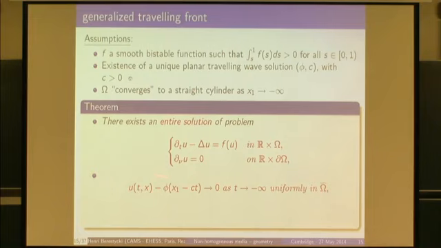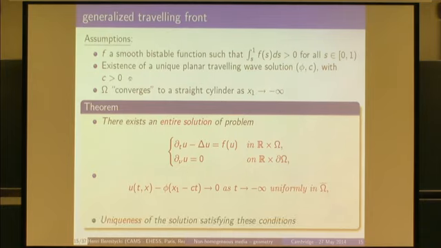So if you look very far backwards in time, you see exactly this planar traveling front phi, which is coming from very far to the left. So this is what is here, right?